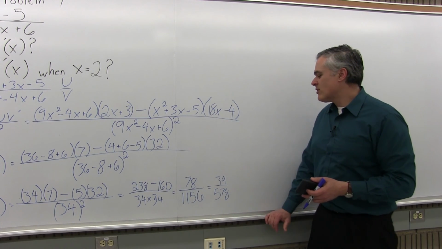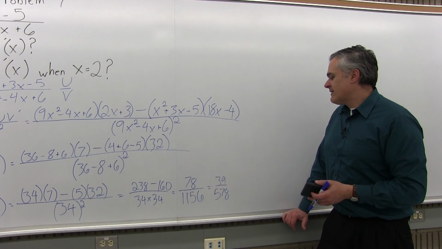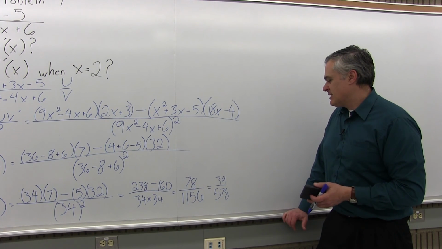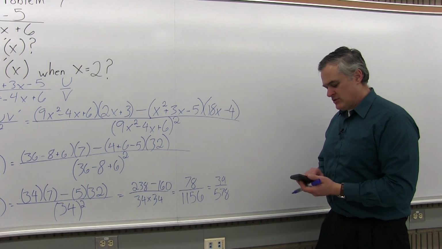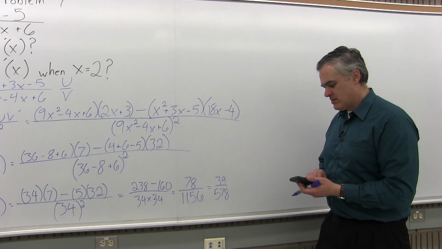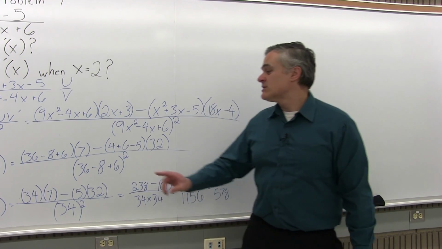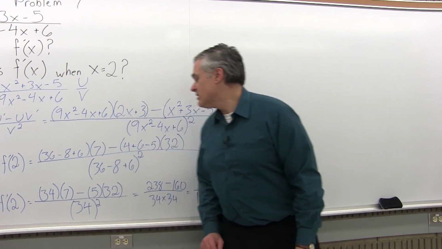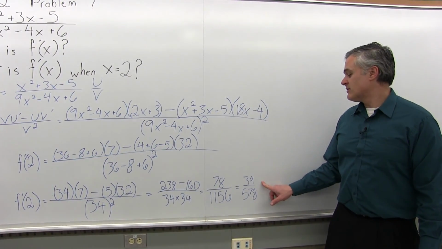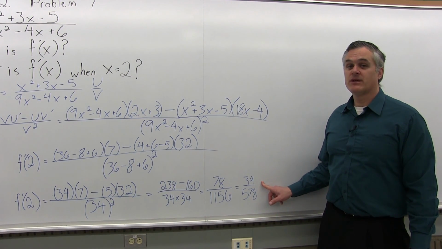So I have 39 over 578. And I don't think that's going to reduce any more. No, that's as far as it goes. So f prime of x when x is 2 reduces down to a final answer of 39 over 578.